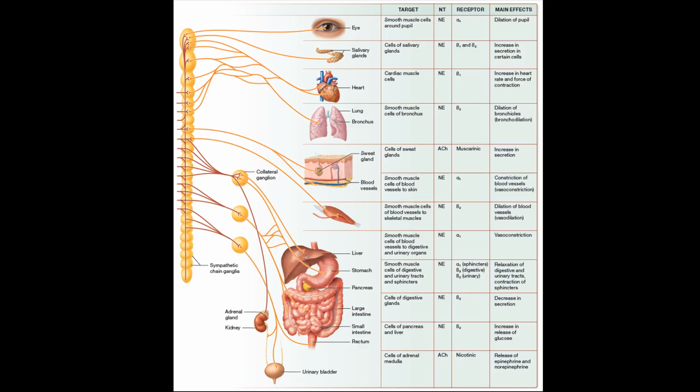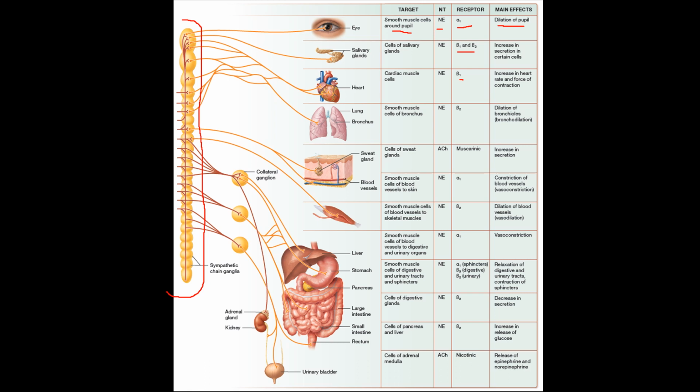So here you see the various breakdowns, as well as, I want you guys to remember this, that sympathetic chain over here, and it shows you various regions that innervate the different glands or organs. And so you see there are the targets here, the neurotransmitter here, the receptor, okay, so that is an alpha-1, you got beta-1, beta-2, beta-1, and then you have the main effect of sympathetic stimulation.